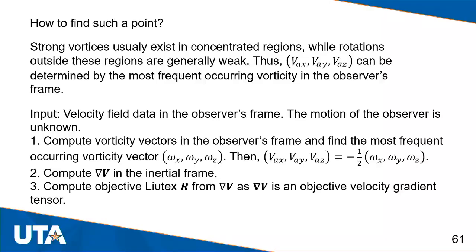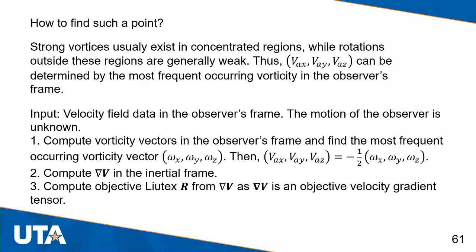If we accept this statement, then the zero vorticity point would account for the biggest percentage. So in a flow field, the zero vorticity point will account for the largest portion.